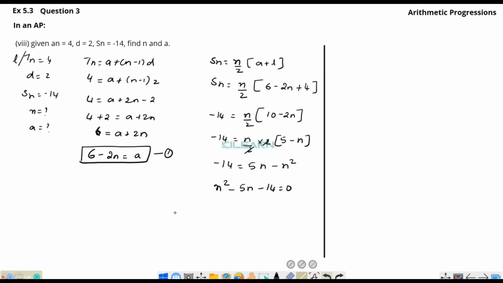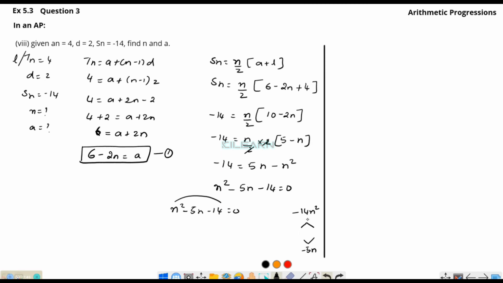So n square minus 5n minus 14 equals 0. We'll take the first and last value multiplication, that is minus 14n square. What is the mid value that I get? Minus 5n.